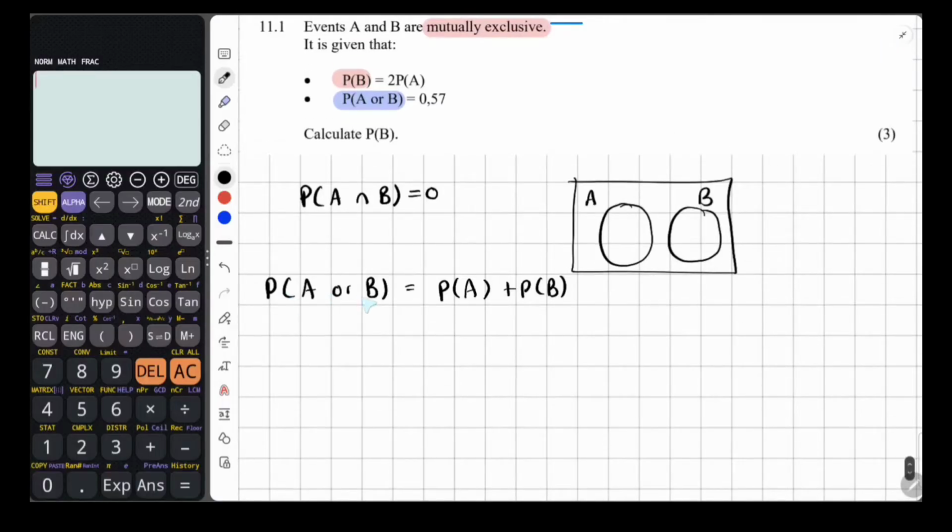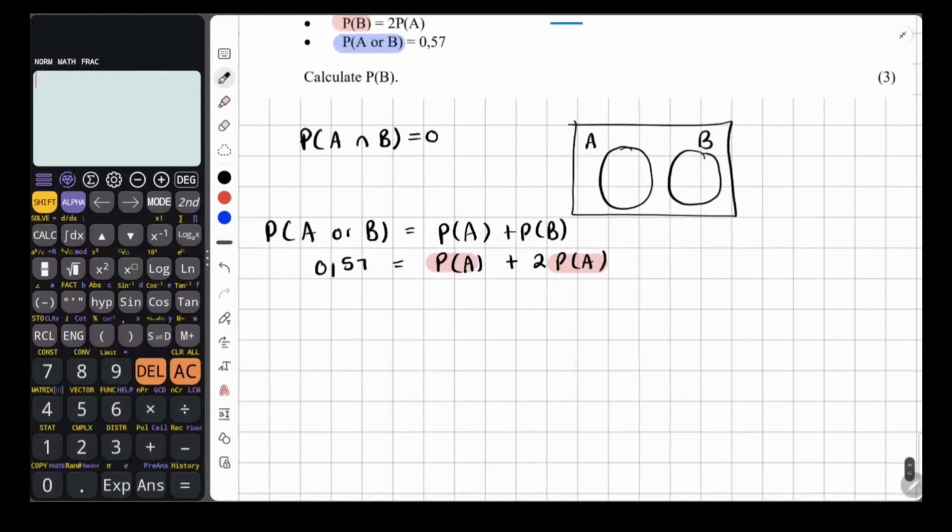So now we know the probability of A or B is 0.57. So 0.57 is equal to the probability of A. They don't tell us anything about that. They only tell us what the probability of B is, but they put it in terms of the probability of A. So we can just say probability of A, leave it like that, then plus the probability of B, that is 2 times the probability of A. So you can see that this is a case where they are making the probability of A the variable that you have to find.